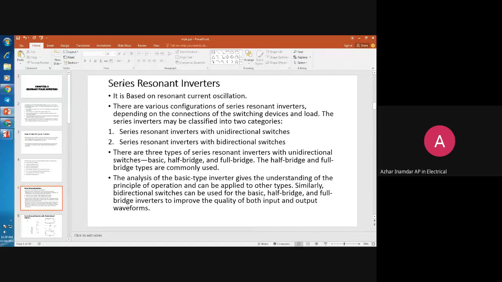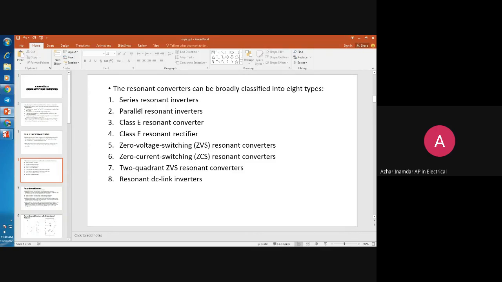The series resonant inverter produces a near sinusoidal output current and depends on load impedances. And this parallel resonant inverter produces a near sinusoidal output current and the output voltage, which depends on load impedances.